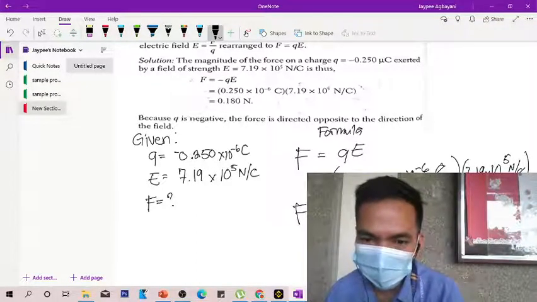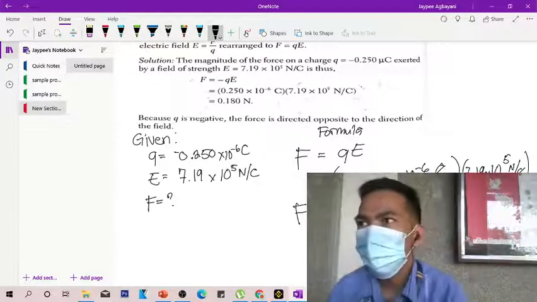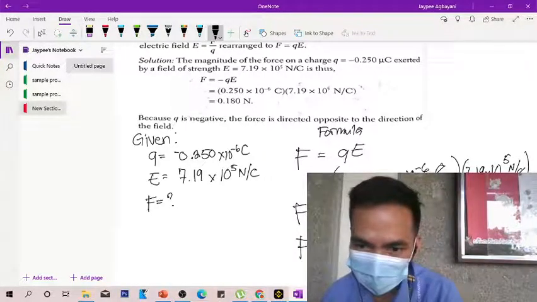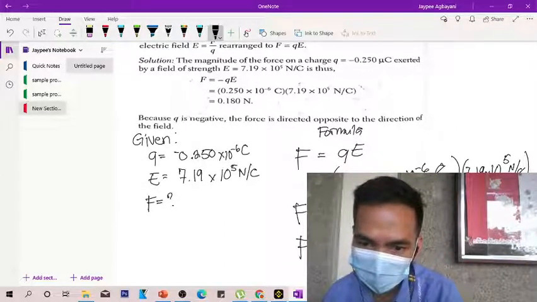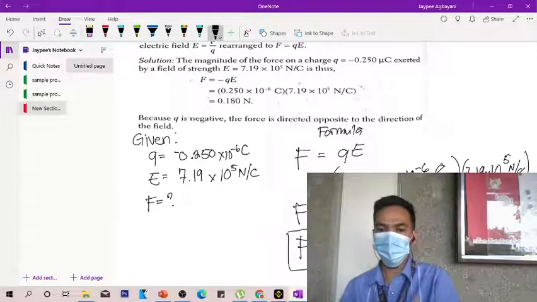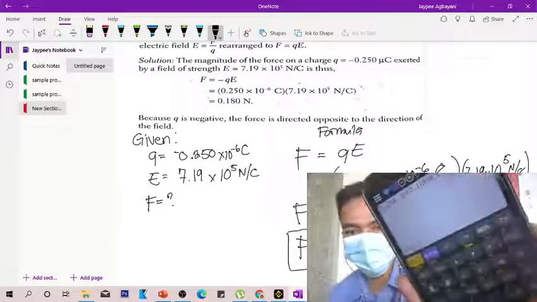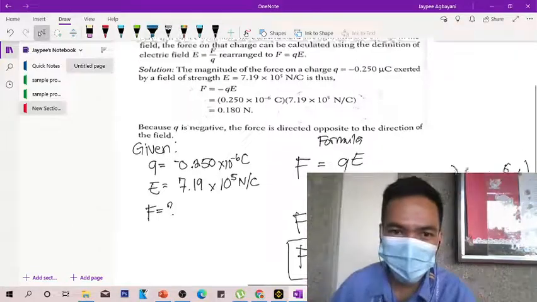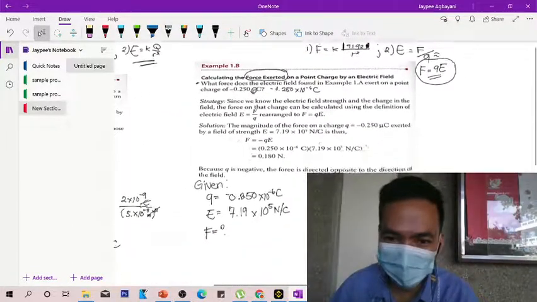Then round off to the final answer: F, to two decimal places, is 0.180 Newton or 0.18 Newton. So this is the problem solved. That's how we solve this problem right here.